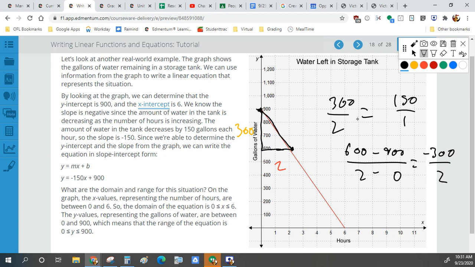Because it's a negative slope. It's going down. So that's why the formula works. It also works if you do it backwards, by the way. Let's say I didn't call this 1. Let's say I called it 2. If I do 900 minus 600, I'm going to get 0 minus 2. So I get 300 over negative 2, which is still negative 150.